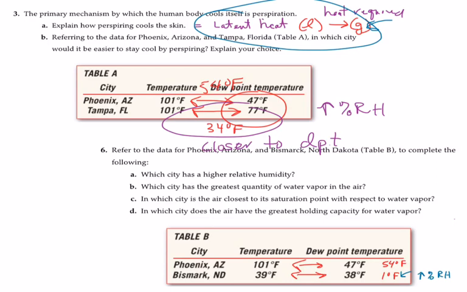Which city has the greatest quantity of water vapor in the air? Well, you would think it's Bismarck, but do you remember where we said warm air holds more water vapor? That's the catch there. Warm air, more water vapor.